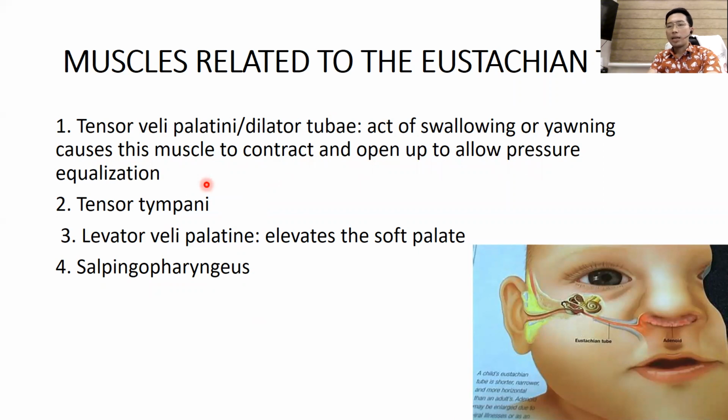You can correlate it clinically with the Toynbee maneuver: you pinch your nose, close your mouth, and try to swallow. Many patients do it differently because instead of swallowing, they exert pressure outward.